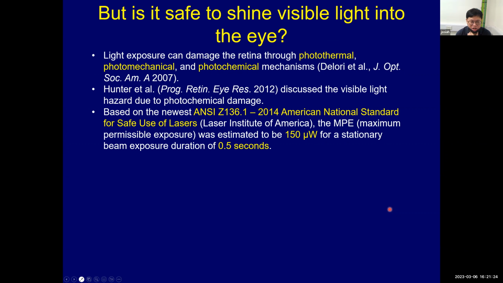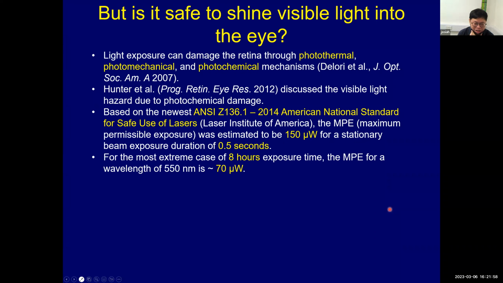You can imagine the first person who received this power had to take a bet on whether it would destroy the eye. This is quite different from NIR wavelength, because you usually cannot see NIR light, and the eye is quite transparent to it. It's also funny that in OCT research you only use one eye for all your testing, because you don't know whether you will damage both eyes one day, so at least you make sure only one eye is used.